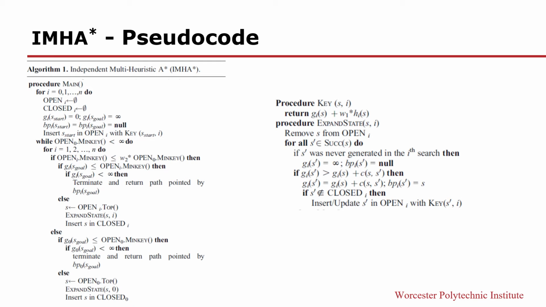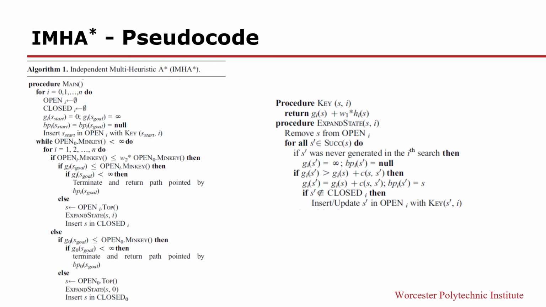Then it will be expanded using the expand state function and inserted into the closed list of the particular search. Now, if the weight W2 doesn't allow the search to be performed using the inadmissible heuristic, then the node is taken from the anchor search. It will be expanded and inserted into the closed list of the anchor search.